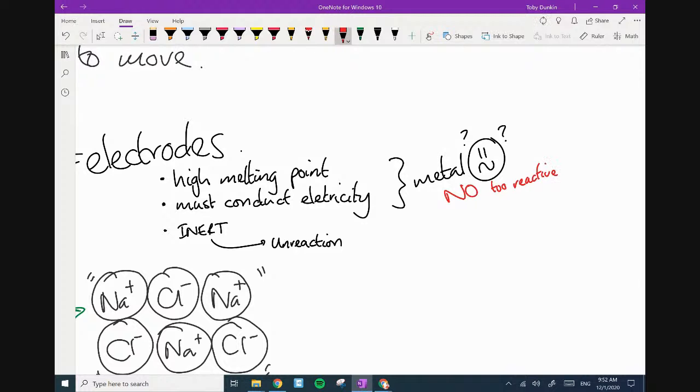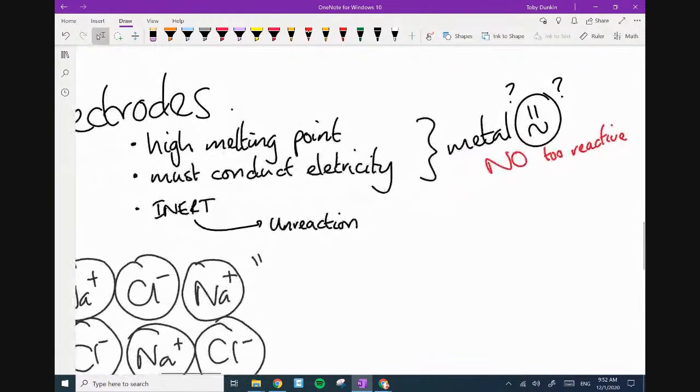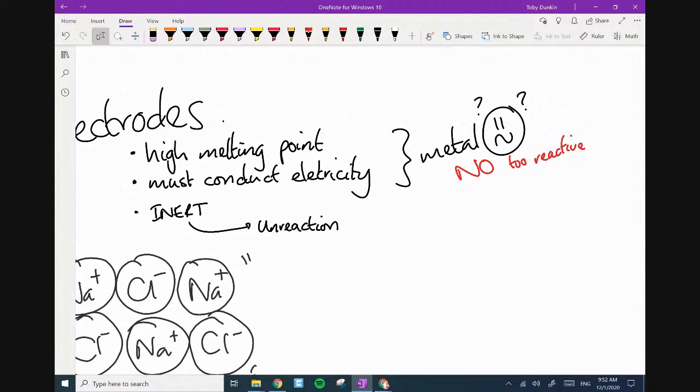You could choose a very unreactive metal. Knowing that we've just done the reactivity series before doing ionic, what metal might suffice here? You can put it in the chat. There is one metal that we tend to use, but it's very unusual to use it. Lead? No, it's melted by this point, Callista.